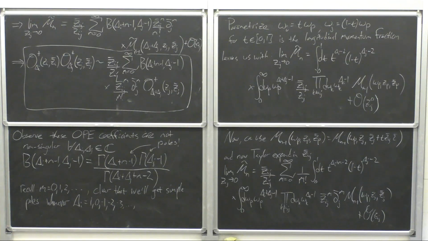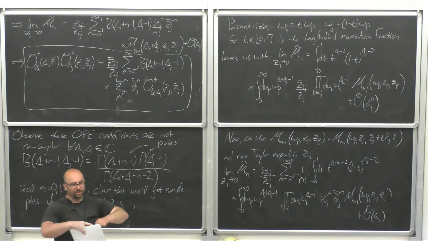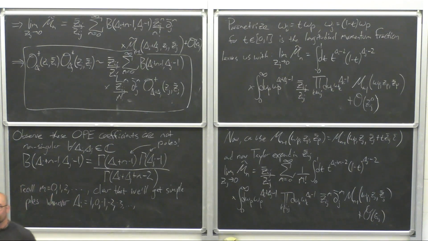So somehow this celestial OPE coefficient that we wrote down knows about this tower of conformally soft wave functions that we talked about at the beginning. That's not surprising, because the OPE is just like a fusion rule of two of the conformal primary wave functions. If those know when they're conformally soft, then you better bet that the OPE will know about it.